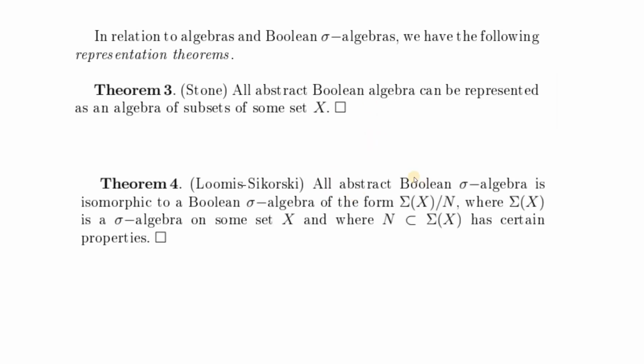And in the case of abstract Boolean sigma algebras, we can indeed modify things so that we can find an isomorphism between our initial abstract Boolean algebra and a set. So if we are in the theory of abstract Boolean algebras, we cannot go beyond Boolean algebras coming from sets.